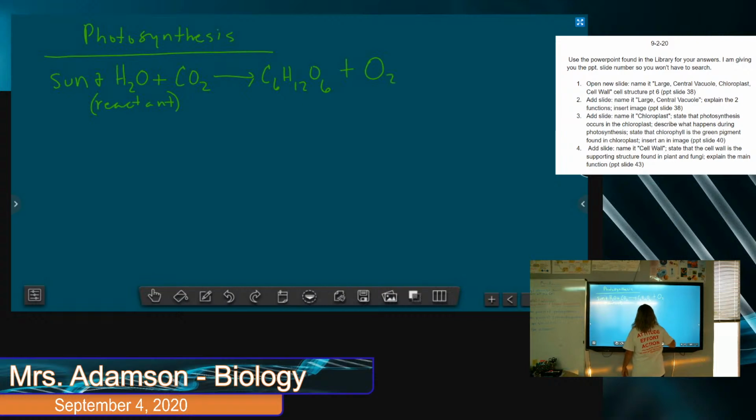That should make sense because plants and producers take in carbon dioxide and breathe out oxygen. It keeps the balance on the earth. Since this side is produced, we call it the product. So our chemical equation has the reactants and the product.